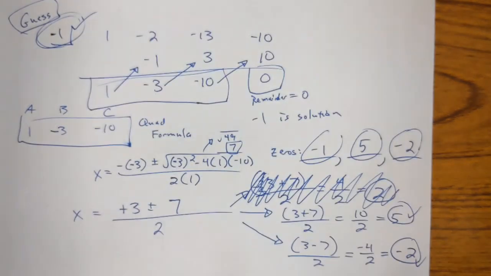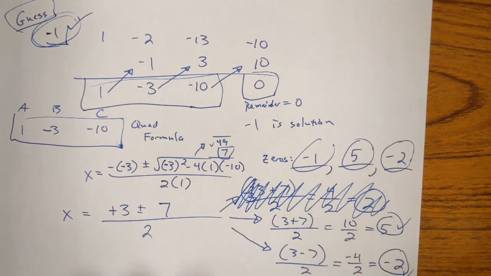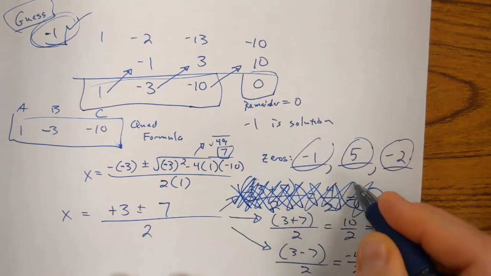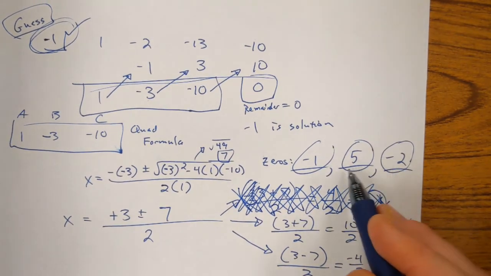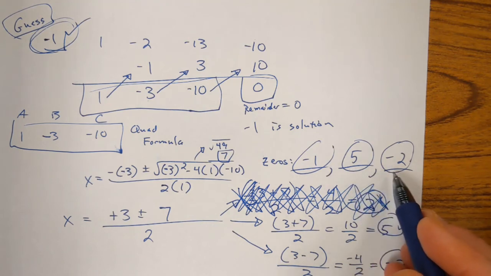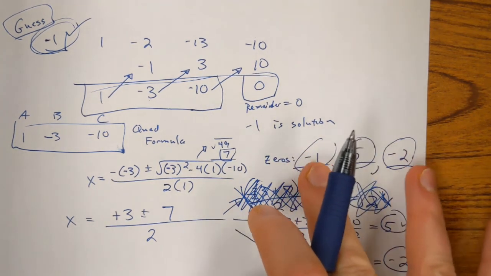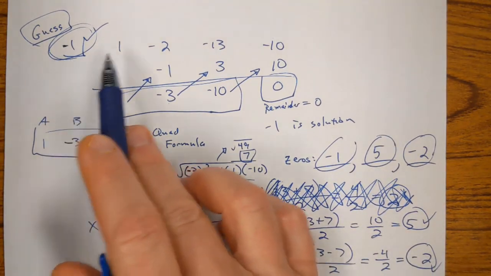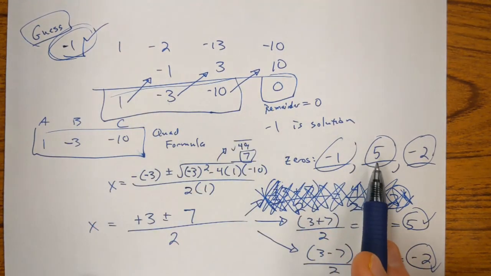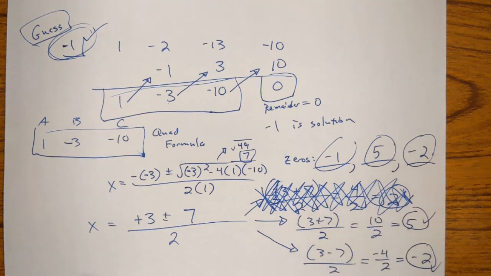Now, just to let you know, you might have guessed the 5 first, or you might have guessed the negative 2 first, and these would have worked just as well as guesses. And then you would have used the quadratic formula to come up with the other 2 answers. But as it happened with us, we guessed the negative 1 first, and then the quadratic formula gave us our last 2 answers. Okay?